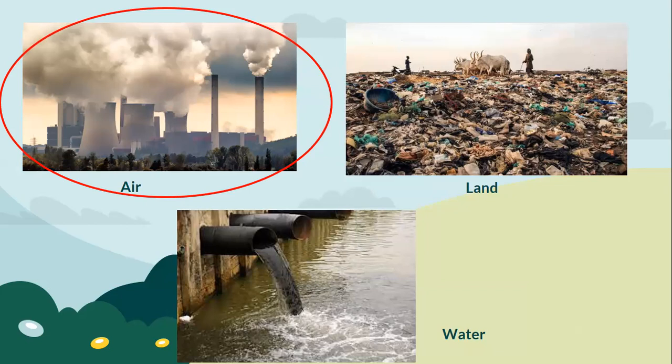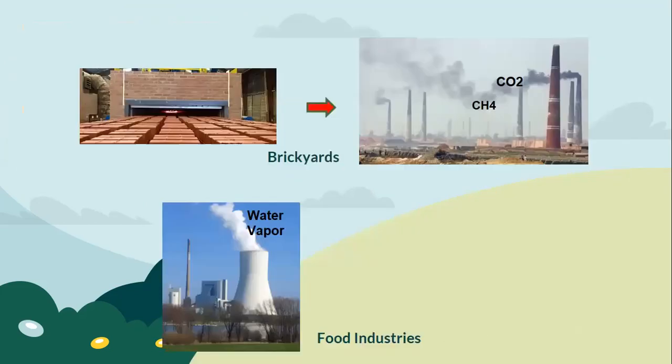Industrial emissions are generated in different processes of their production. An example are the bricks that in their cooking process generate gases such as CO2 and methane.